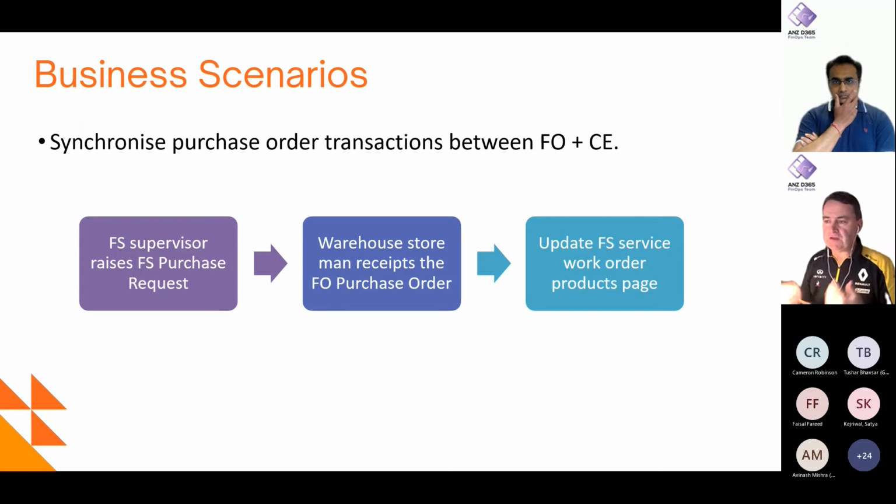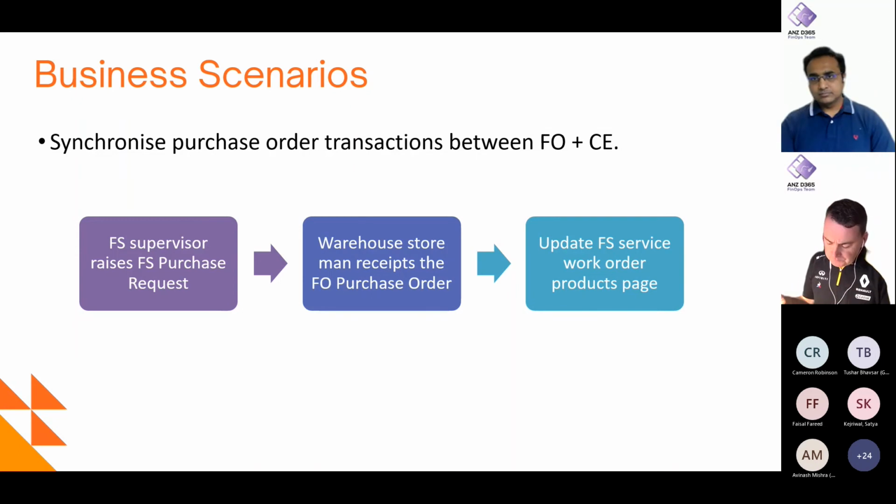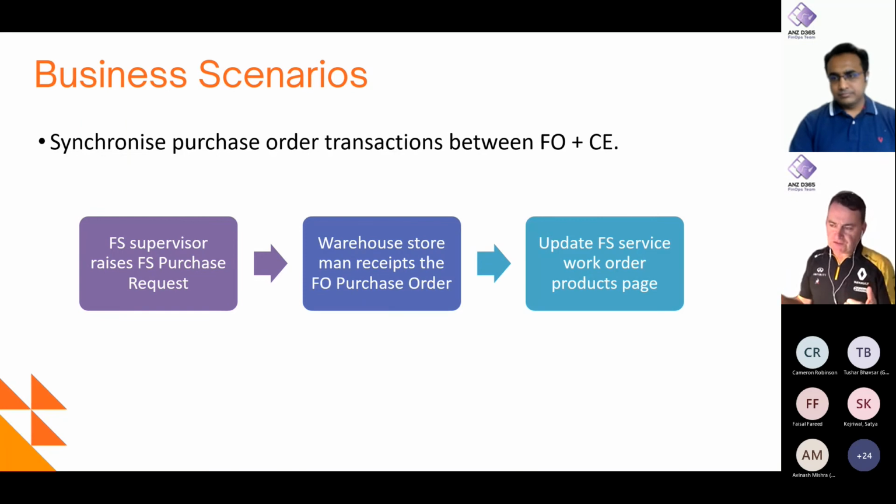So after we've done the receipt within finance and operations, we need to make sure that we can trigger the appropriate transaction across to field service, so that the people working in the field service screens can see that the product has now been receipted and is now available for the technician to start using.